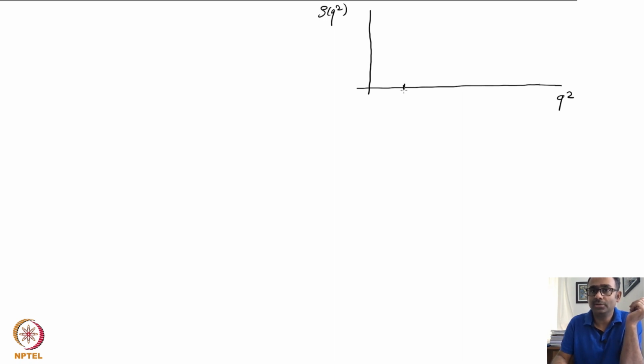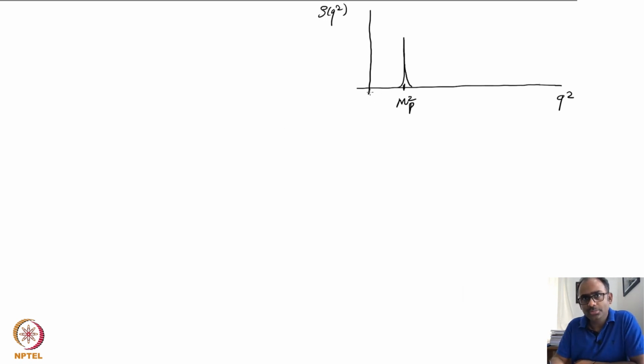When you are at the physical mass, meaning q square is equal to mp square, then you have a delta function here. I am just drawing it like this, but of course you have to take the limit in which it becomes infinitely sharp. So that is the delta function.